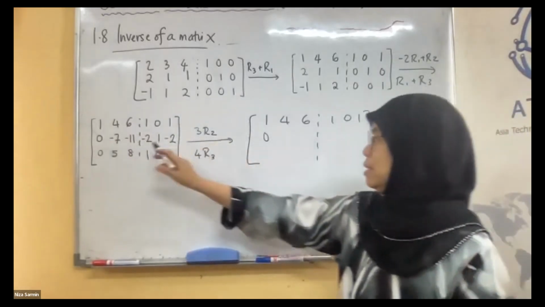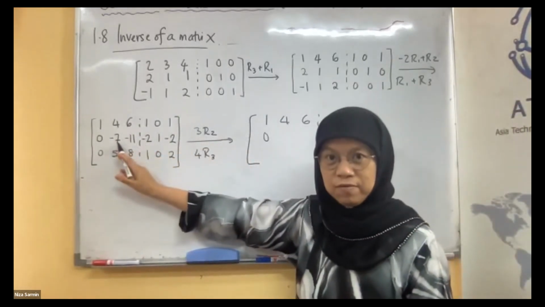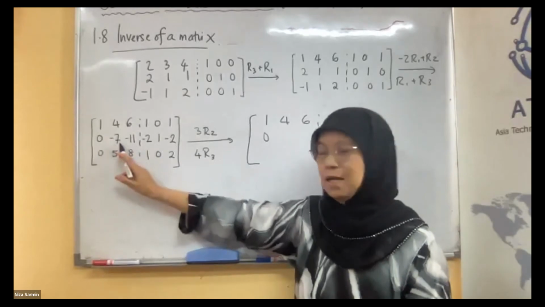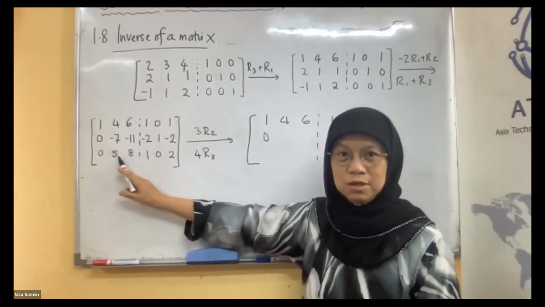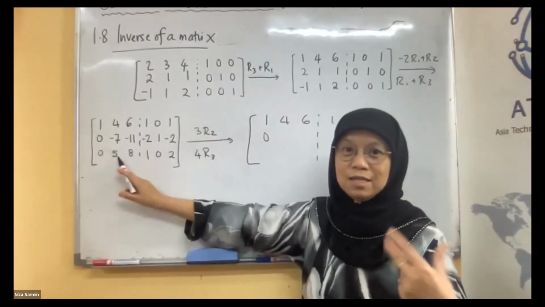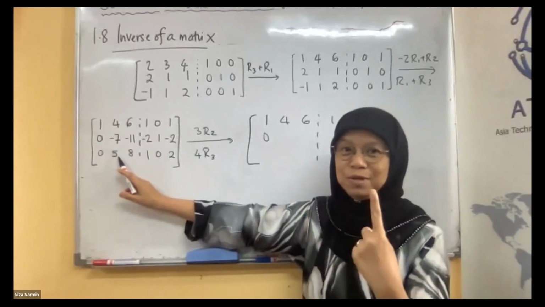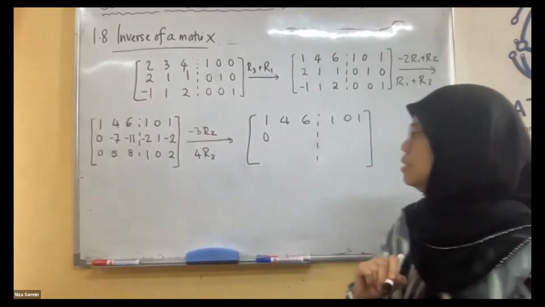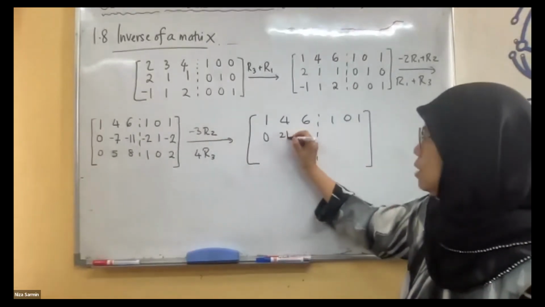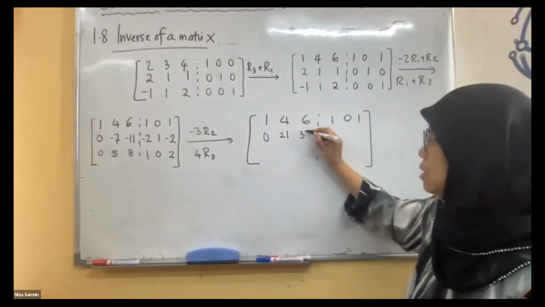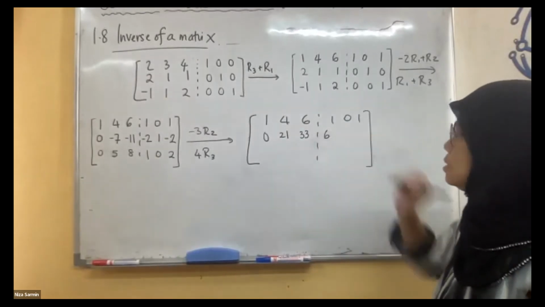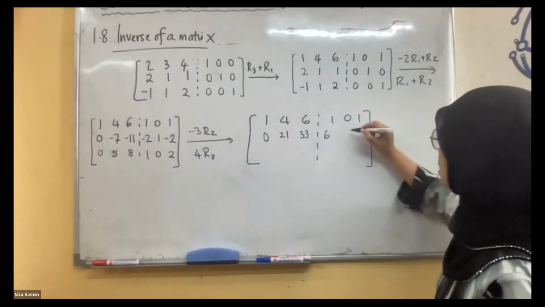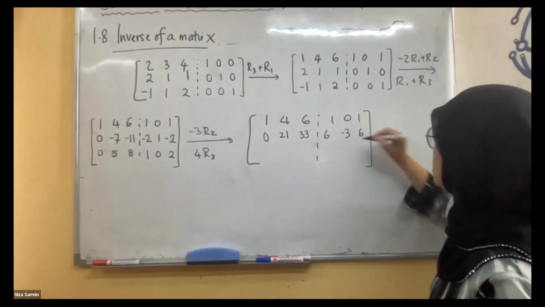So if this is negative, that will be 21, and then this is positive, then later on I just add negative row 3 plus row 2, then I will get 1, right? So I will do negative. So I will get 21, 33, 6, negative 3, 6.